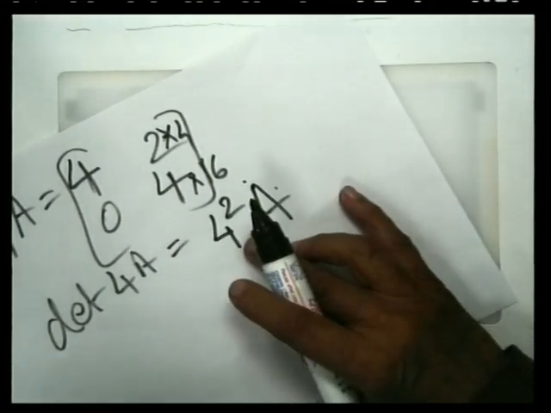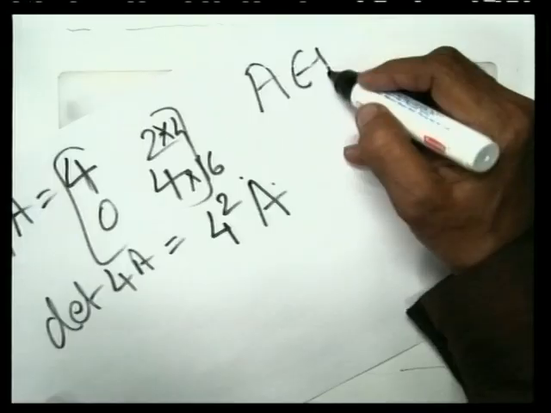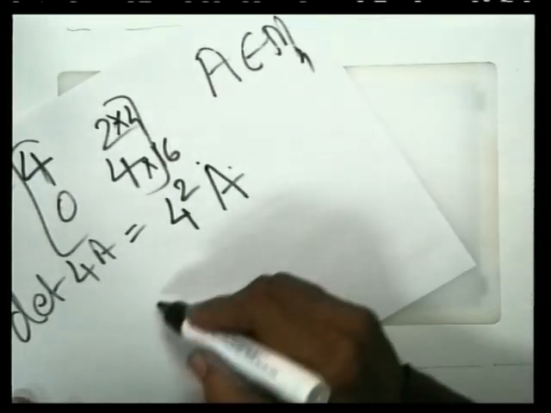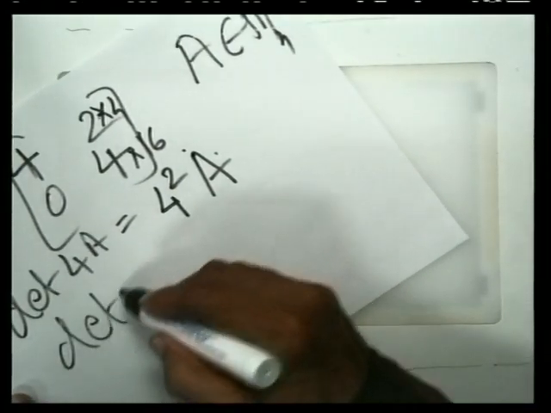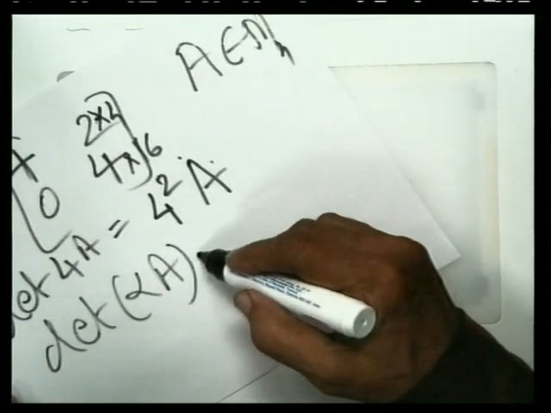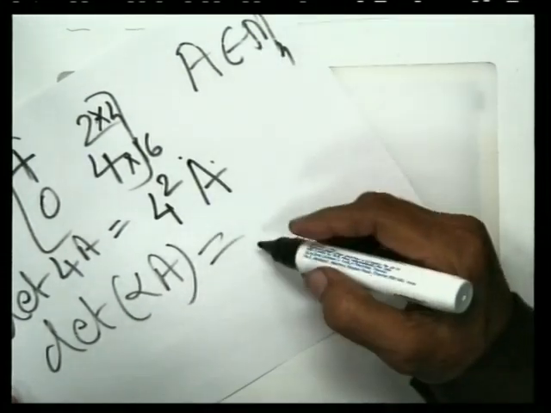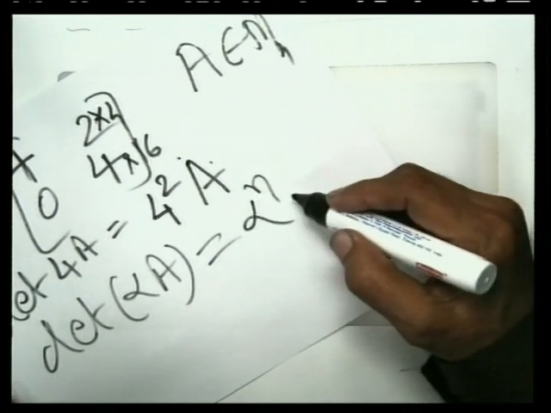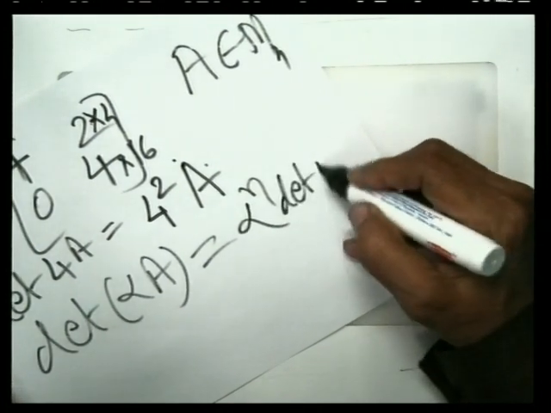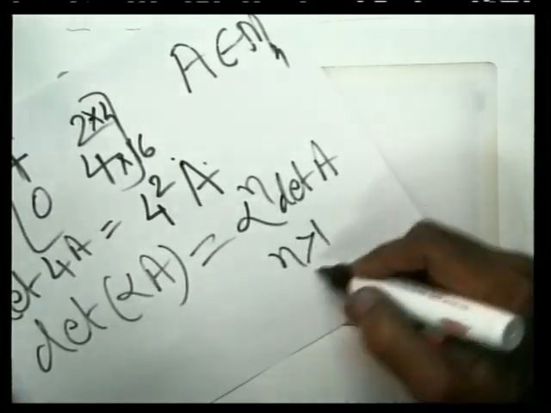So here it is 16 times and not 4 times. And suppose you have an n by n matrix, then determinant of alpha A, where A is an n by n matrix, alpha raised to n comes out. And so when n is greater than 1, you will never have the homogeneous property.